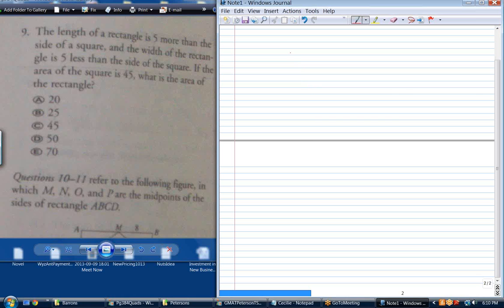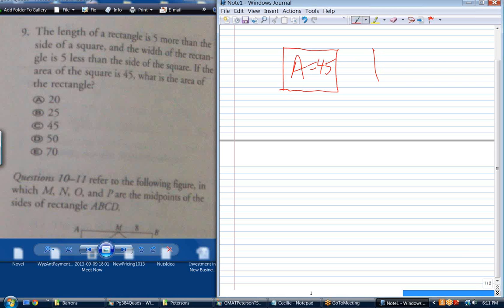So you have to draw a square and a rectangle. There's the square, area equals 45. And here is the rectangle. And we know that, let's call this x, the side of the square.